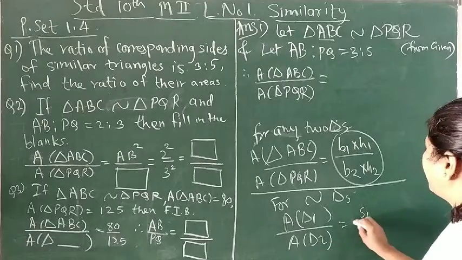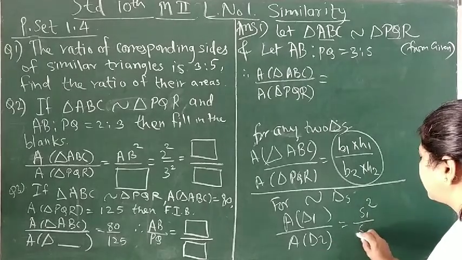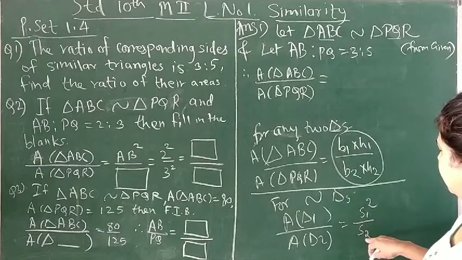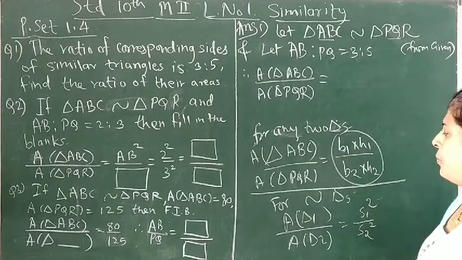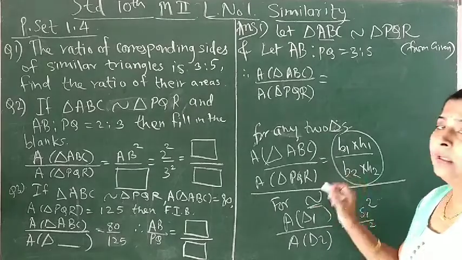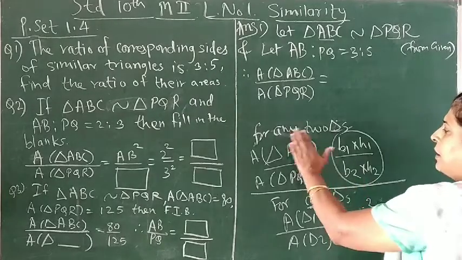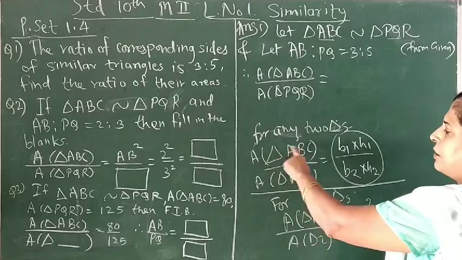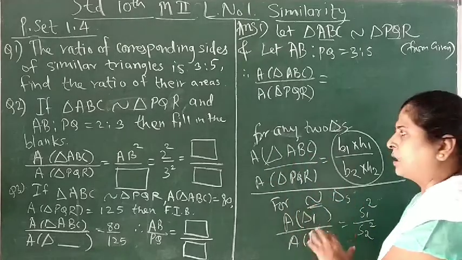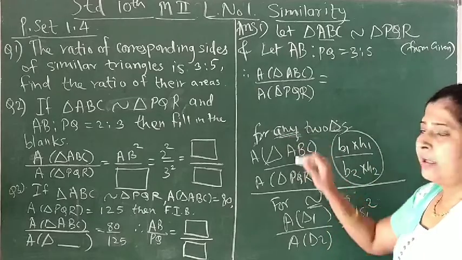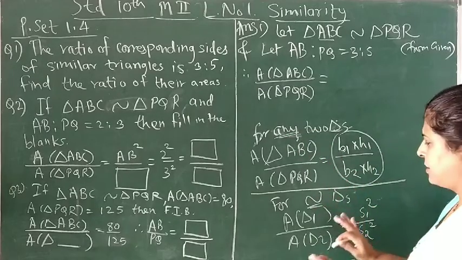It is the ratio of squares of their corresponding sides, S1 and S2, squared. So now we have to use this property because the triangles are similar. This is the difference between ratios of areas of triangles. Here also we are taking the ratio of areas of two triangles, but the difference is, there the triangles are not similar, here the triangles are similar.